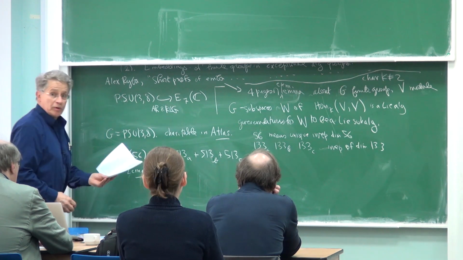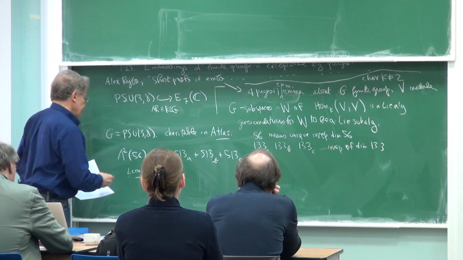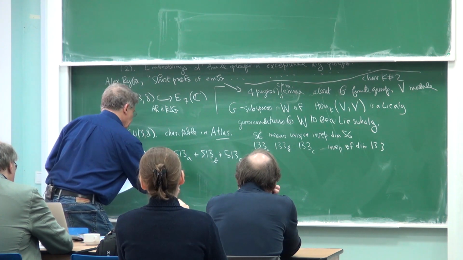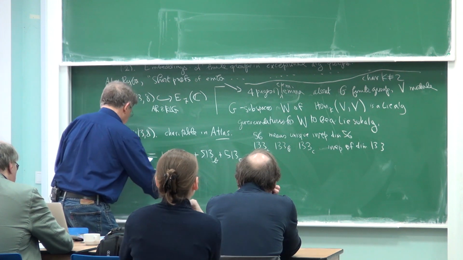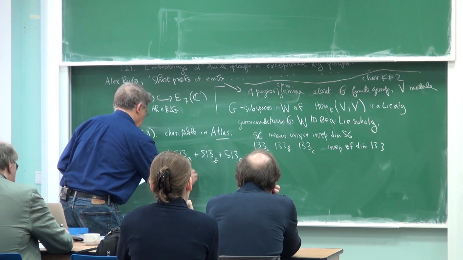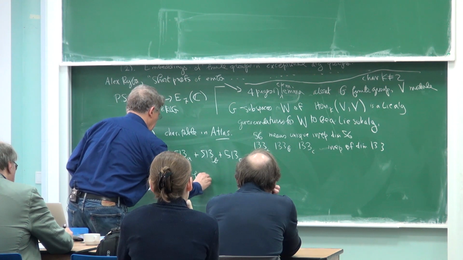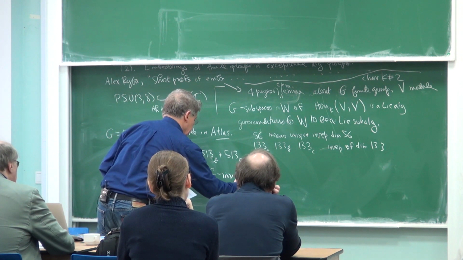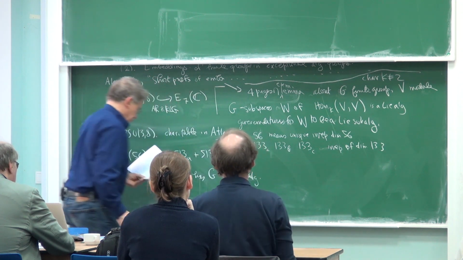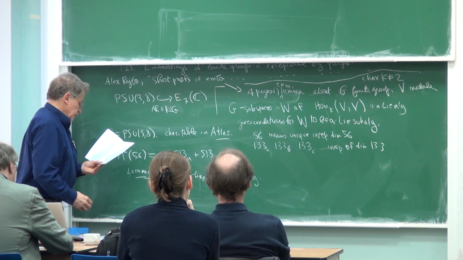A proof of any one of these lemmas just takes a couple of minutes, really, but it says that the symmetric square of 56 has a G invariant Lie algebra structure on it.